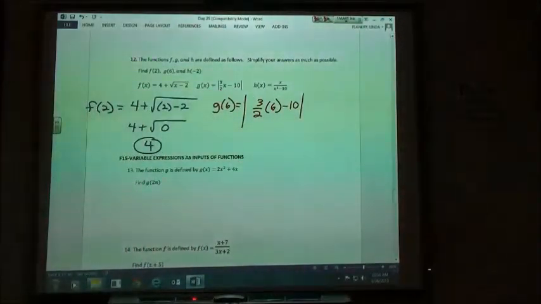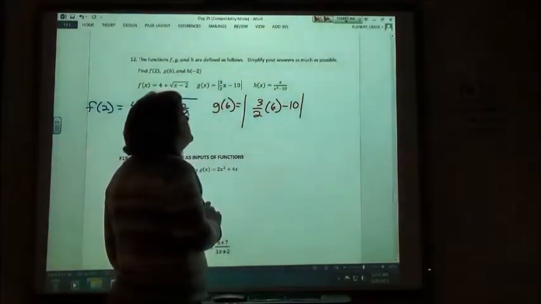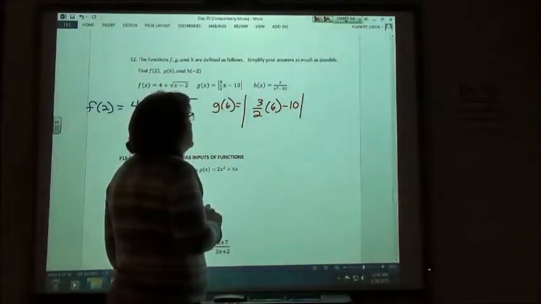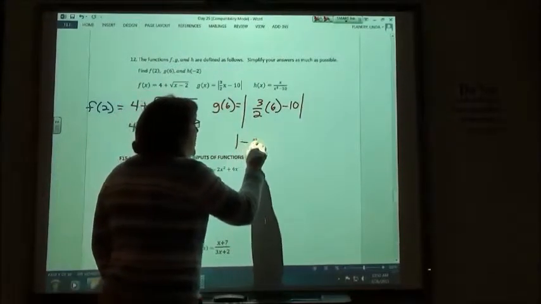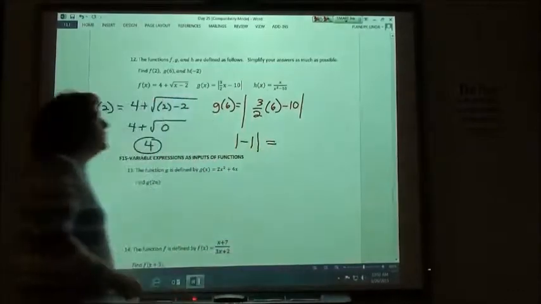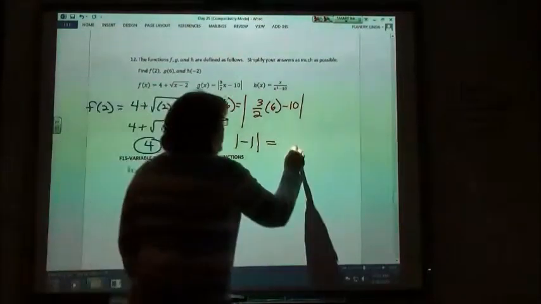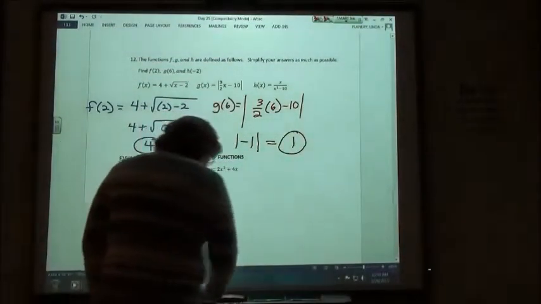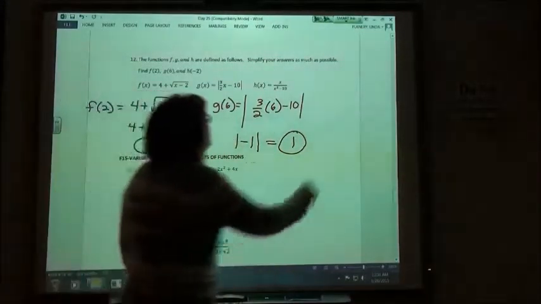That gives us the absolute value of -1. And the absolute value of -1 means our answer is going to be 1.